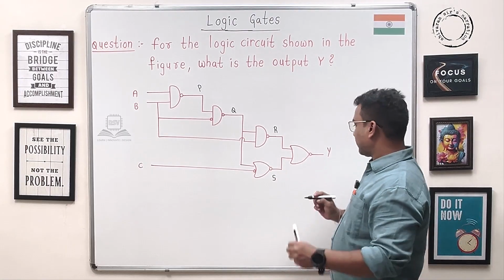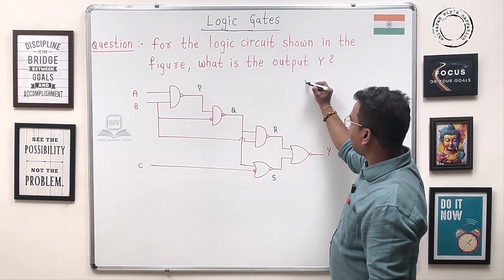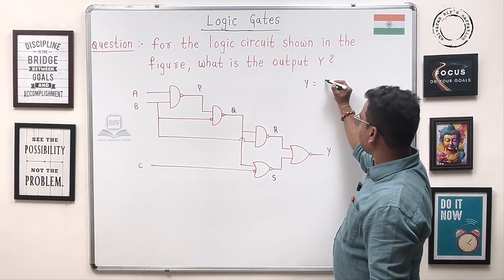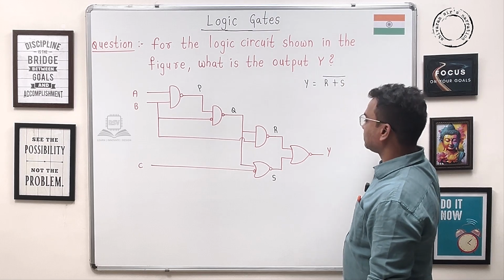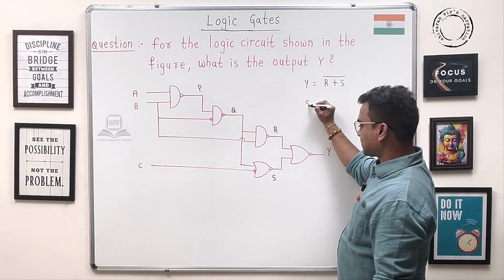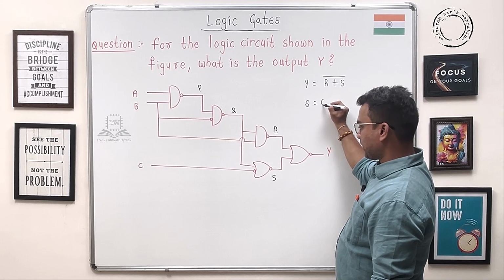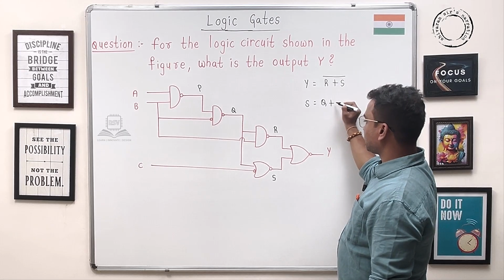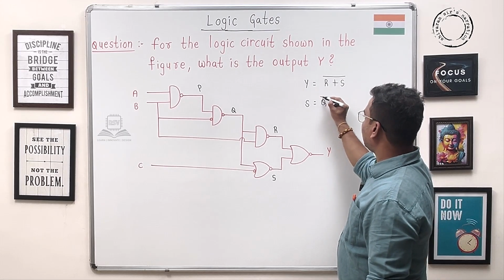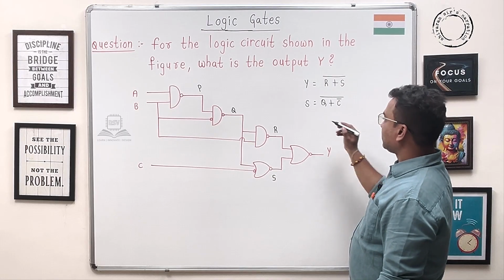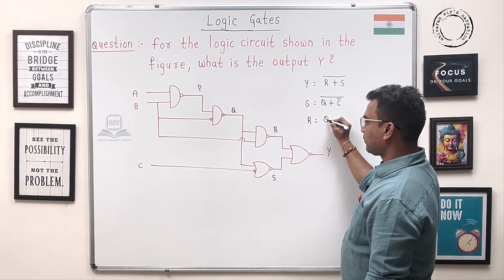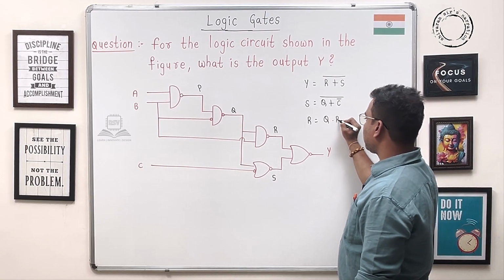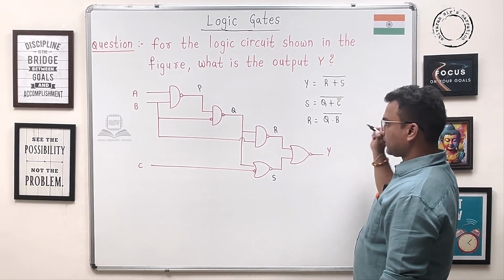Okay, now guys, coming to Y, what is Y? It is (R plus S) whole bar. Coming to S, it is simply (Q plus C bar) whole bar. Again R is (Q into B) whole bar.